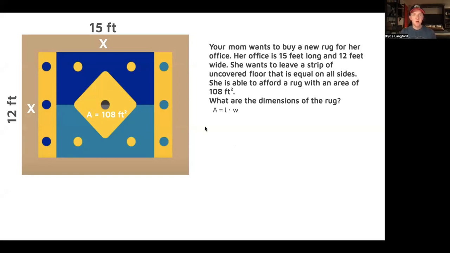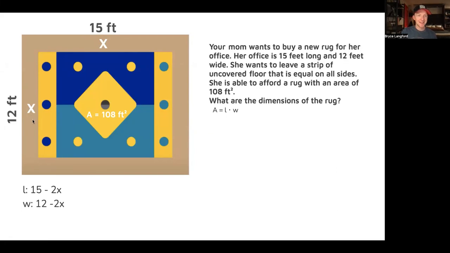So first, we're going to find the area of the room and also the rug. Here, I'll explain. The area is length times width. We know that the length of the room is 15 feet and the width is 12 feet.